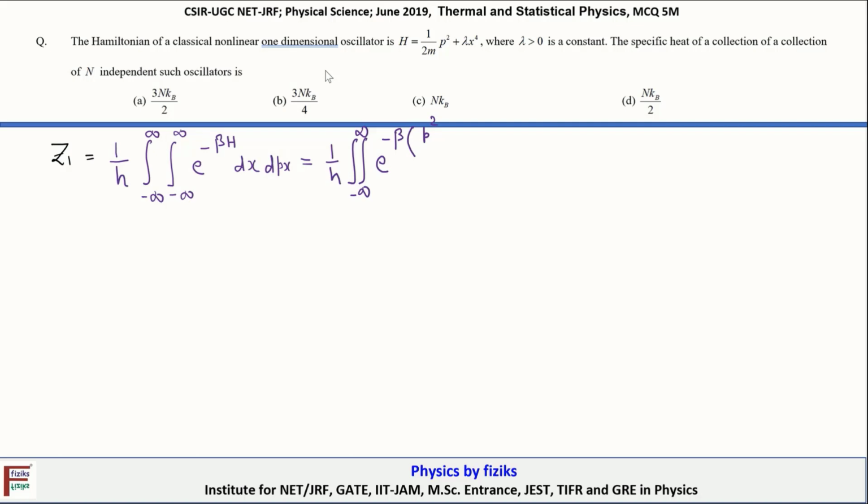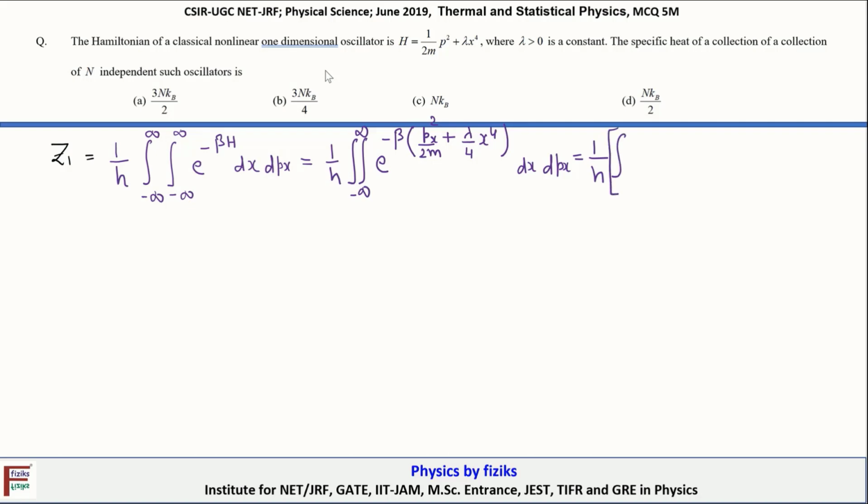Let's say px square by 2m plus lambda by 4 x power 4, and then dx dpx. So now we can separate these integrals. So this is further equal to 1 by h.